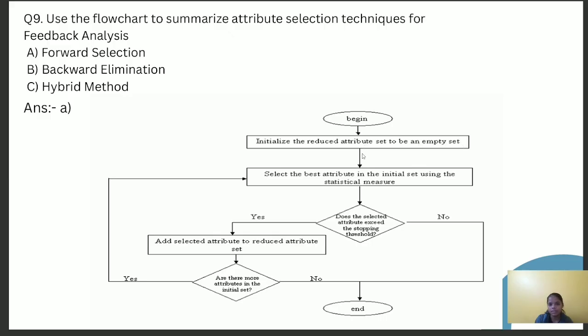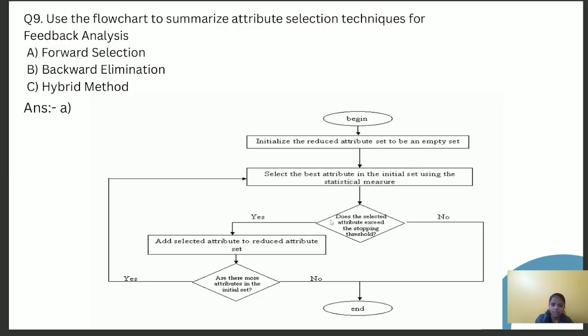Then we move to select the best attribute in the initial set using the statistical measure. Then we go to: does the selected attribute exceed the stopping threshold?